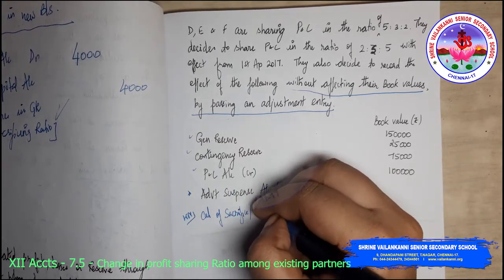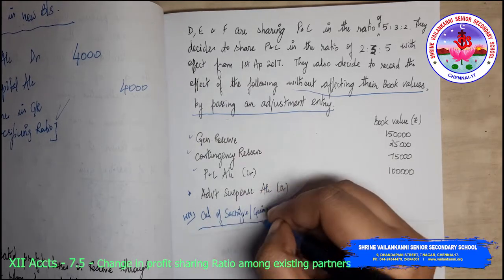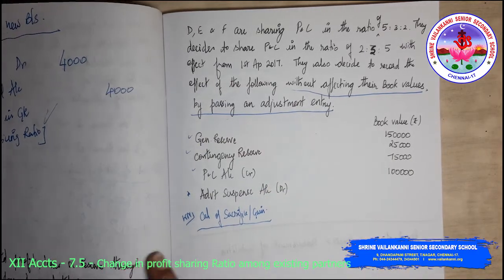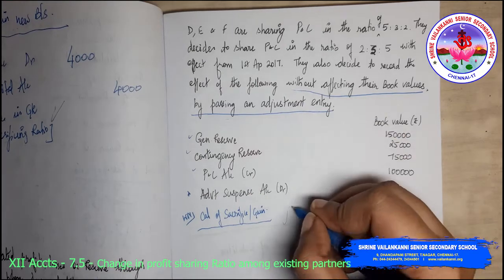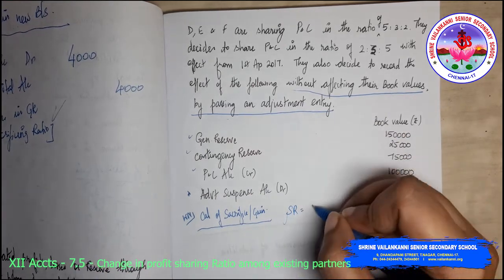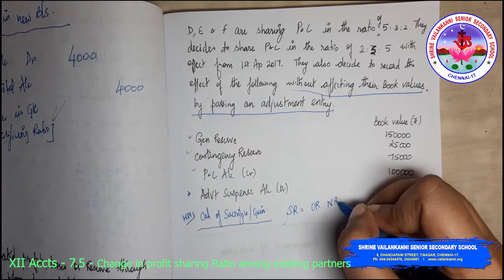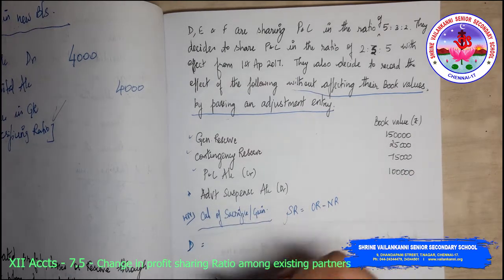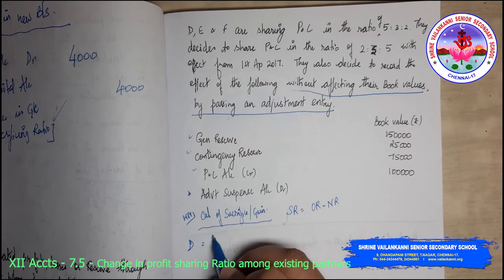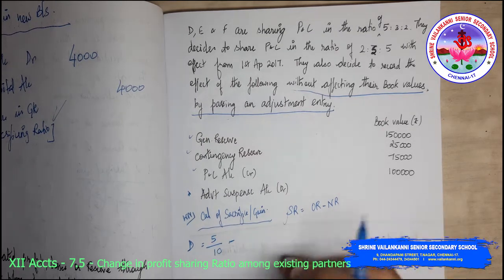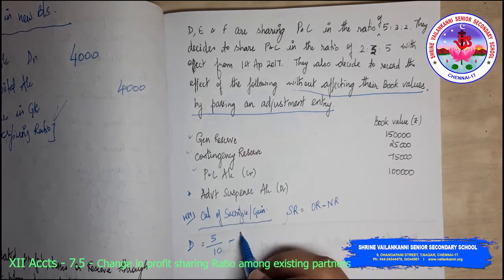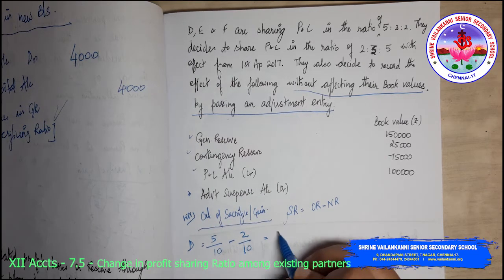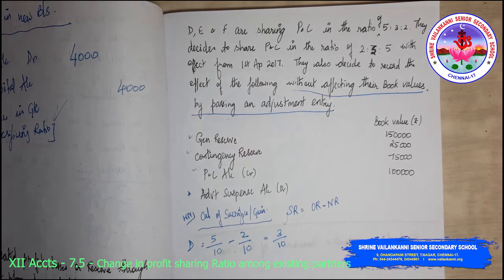or gain. Okay, so we all are aware that sacrificing ratio is equal to old ratio minus new ratio. So D, old ratio is 5 divided by 10, new ratio is 2 divided by 10, so 3 divided by 10.